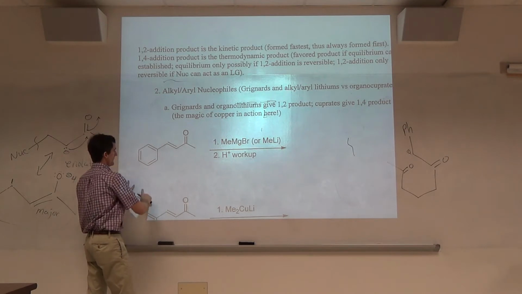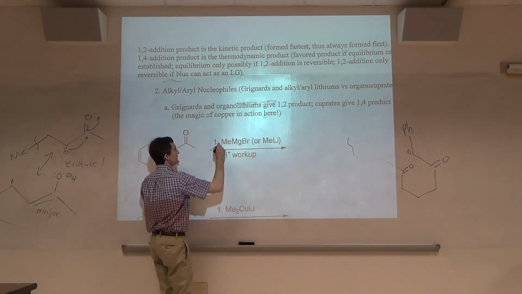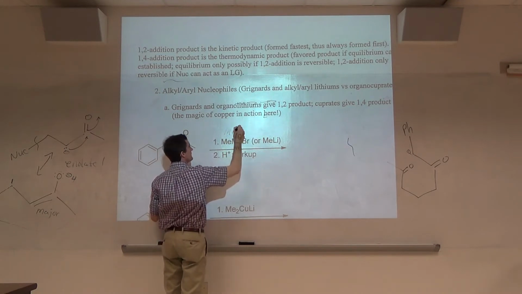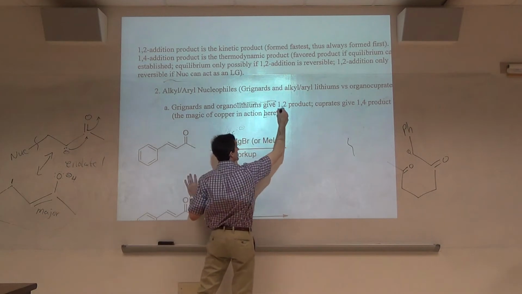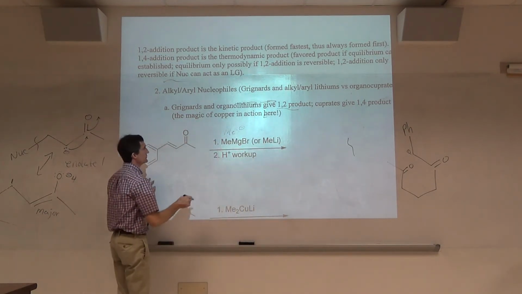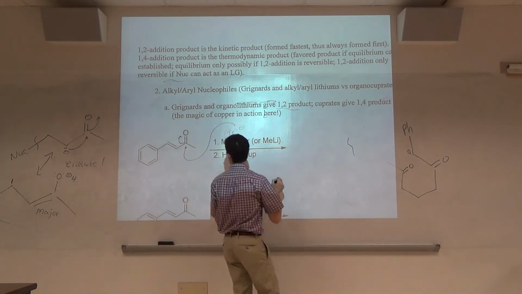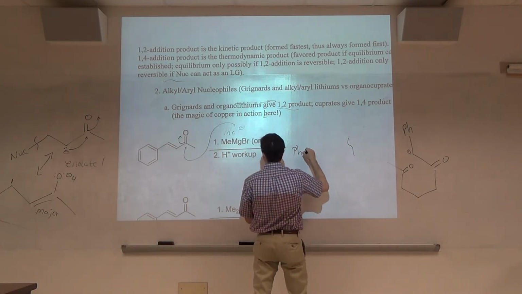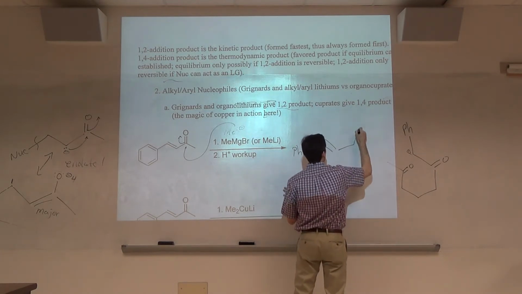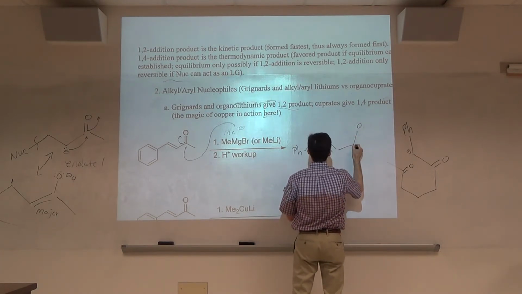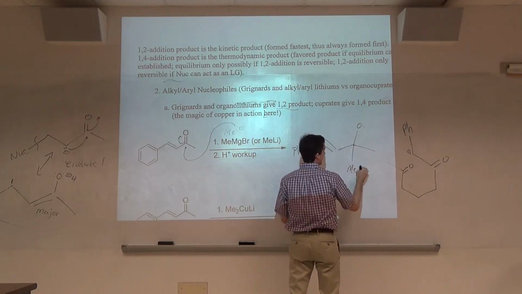Here we go. We got this. First, Grignard, or like methyl lithium. This is essentially methyl anion. Grignards prefer 1,2 products. 1,2 is basically a direct addition, electrons up, and we can get that's 2 methyls.